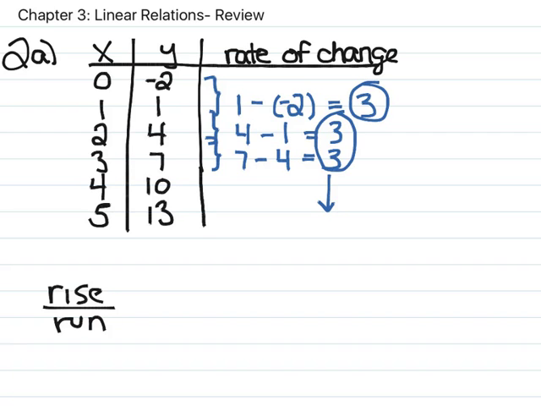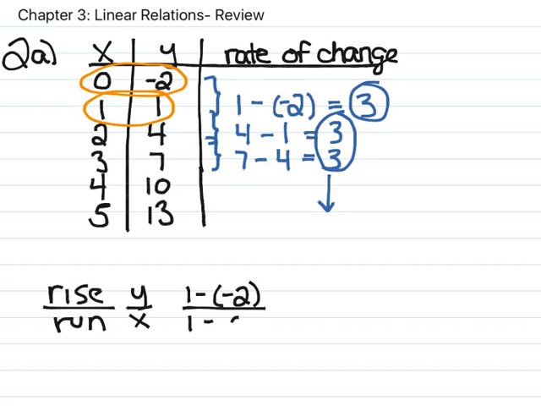I'm going to pick this one and this one. Your rise is the y value, so you find the difference between your y values and your x values, y being your rise and x being your run. So 1 minus -2 divided by 1 minus 0.